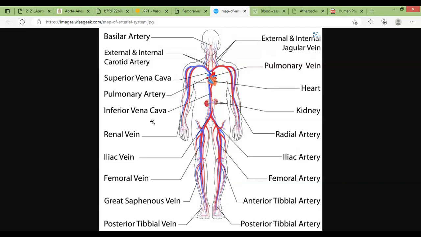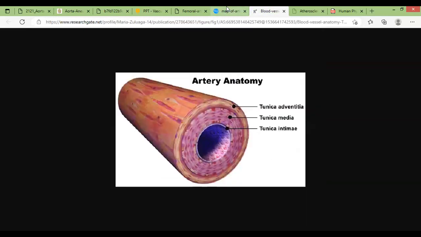And then for the veins, it's the same veins going up. So the major arteries: the femoral artery is a major artery, the tibial, the subclavian, axillary, brachial, radial, ulnar. I believe that's it for the major arteries of the circulatory system, unless someone has something to add on that.